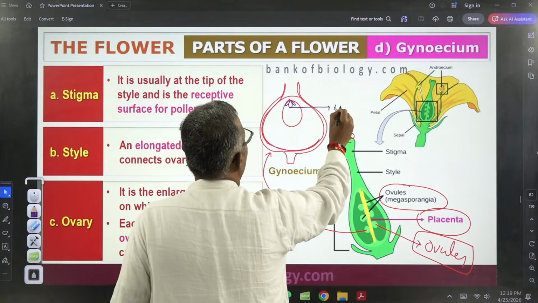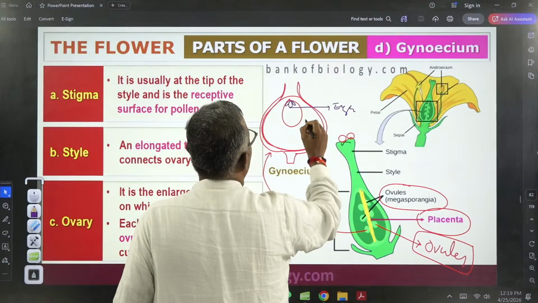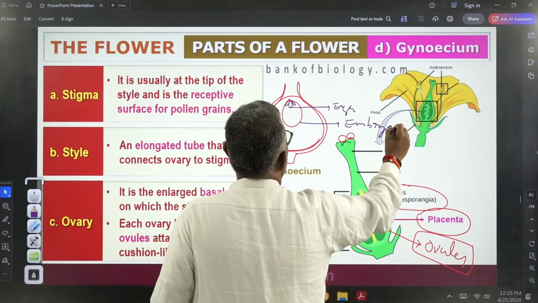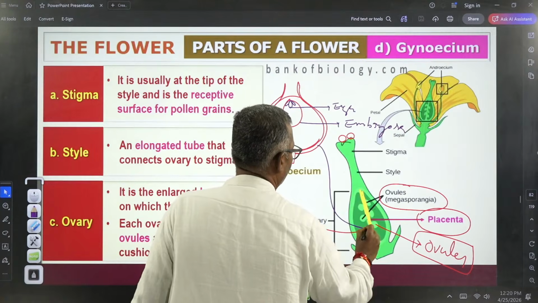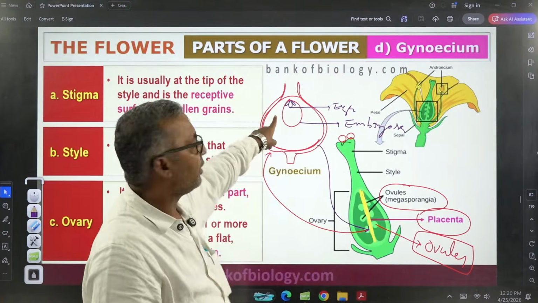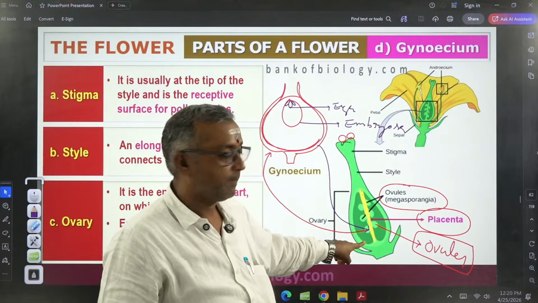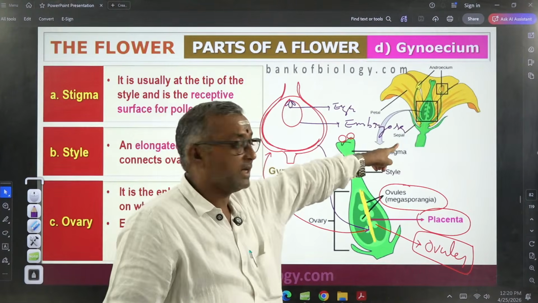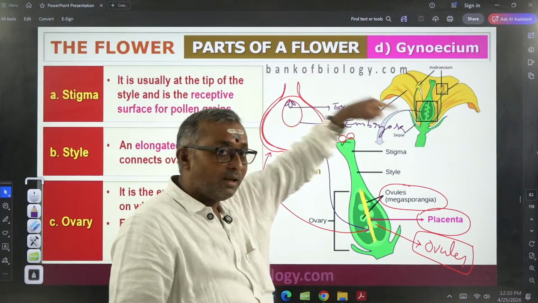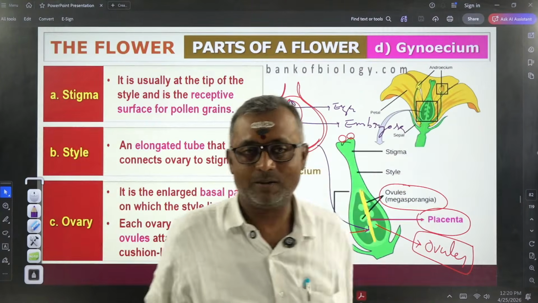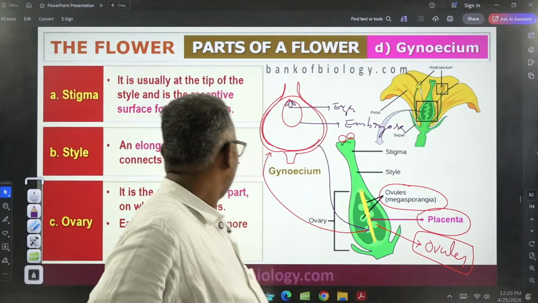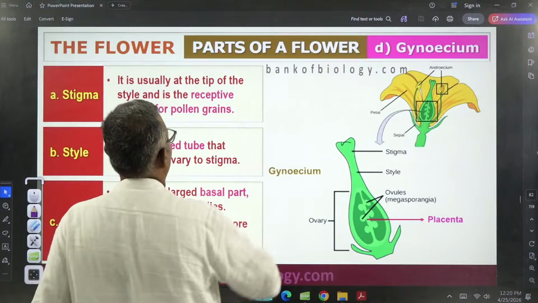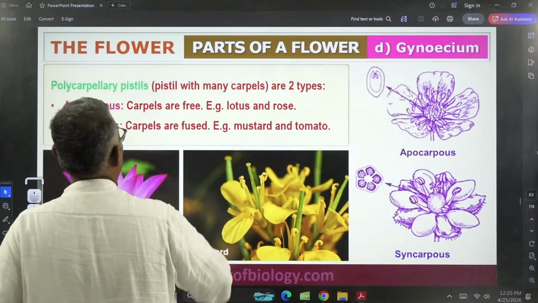This is egg, and this whole structure is called embryo sac, and this structure is called ovule. So ovule is present inside the ovary, and ovule contains embryo sac. Embryo sac contains egg, which is female gamete. Is it clear?